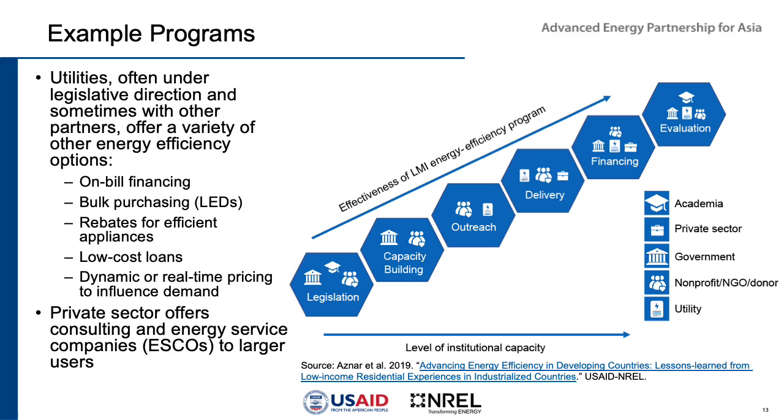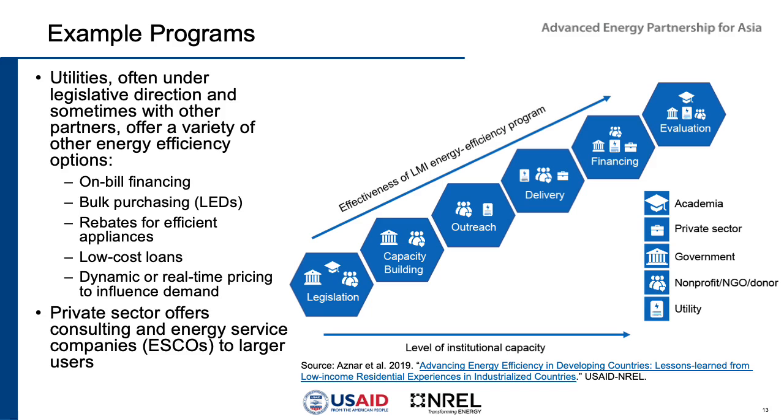The higher the level of institutional capacity you have, the greater the effectiveness and magnification of impact you can achieve in your energy efficiency programs. We're going to talk about this a lot more in the follow-on presentation that's focused on policy, so I will keep things to a minimum here in order to save time.